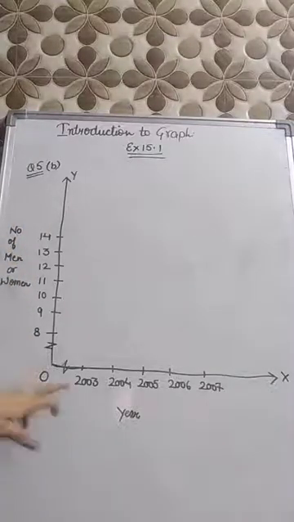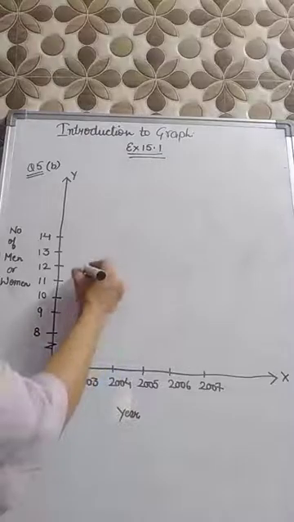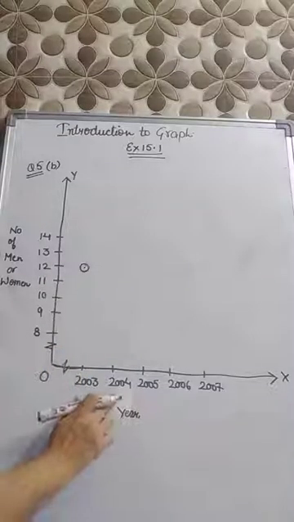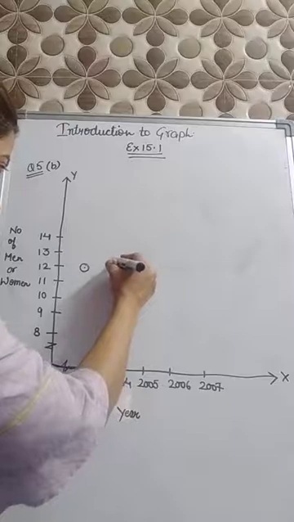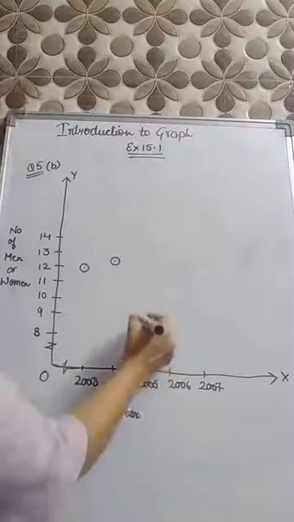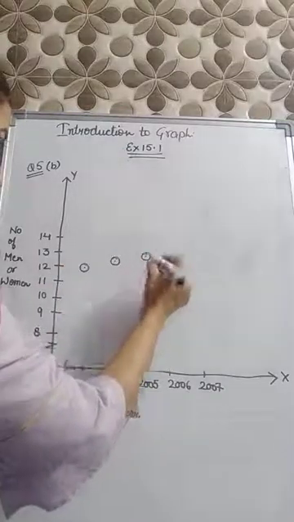In the year 2003, you have the number of men as 12, so let's put a dot for 12. Second, in 2004 you have 12.5, so here we have 12.5. Next is 13: in the next year you have 13 men.